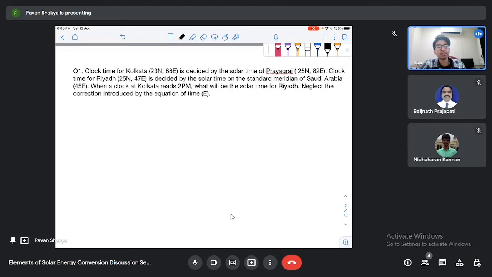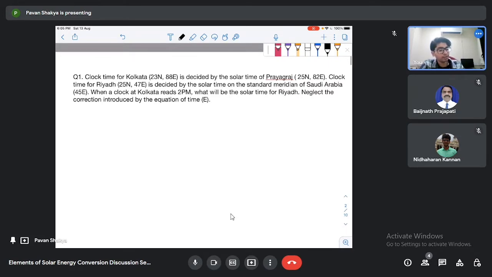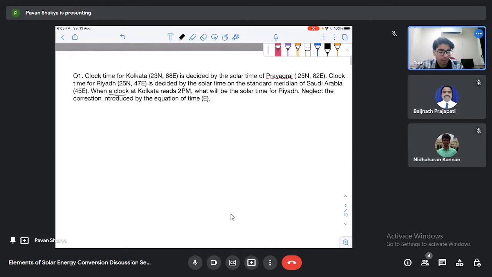So, in the last discussion hour, I discussed what solar time is and what standard time is. In this problem, it is given that the clock at Kolkata reads 2 p.m. I have told that the clock time is nothing but the standard time.